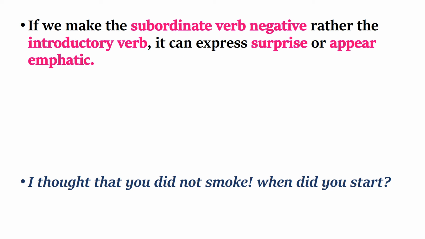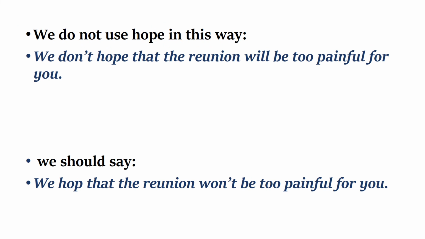If we make the subordinate verb negative rather than the introductory verb, it can express surprise or appear emphatic. I thought that you did not smoke. When did you start? We do not use hope in this way. We don't hope that the reunion will be too painful for you. We should say, we hope that the reunion won't be too painful for you.